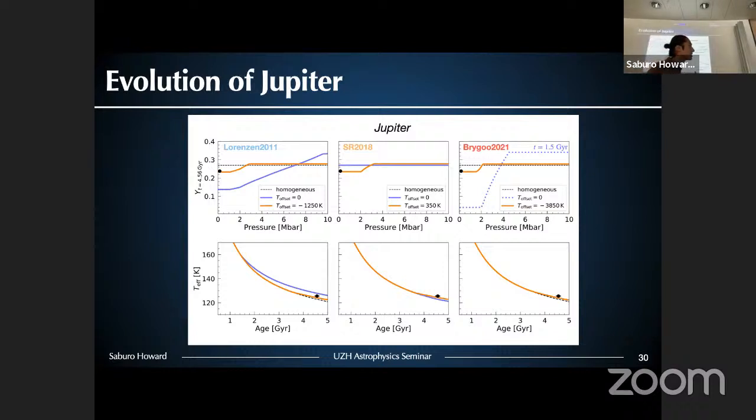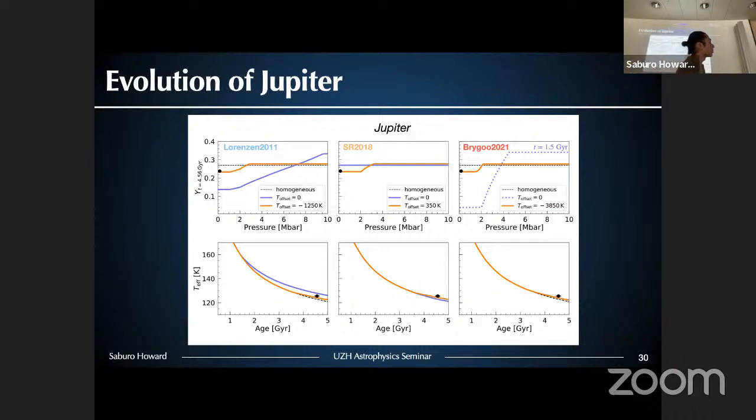Then the first thing we did is to apply the original phase diagrams, and these are represented by the blue curves. And something I should mention is that the black dot here is the measurement of the helium content in Jupiter's atmosphere by Galileo. So ideally, one should reconcile the evolution of Jupiter with this measurement. But if you use the original phase diagram, the first one predicts probably too much helium rain because the outer region of the planet is too much depleted in helium.